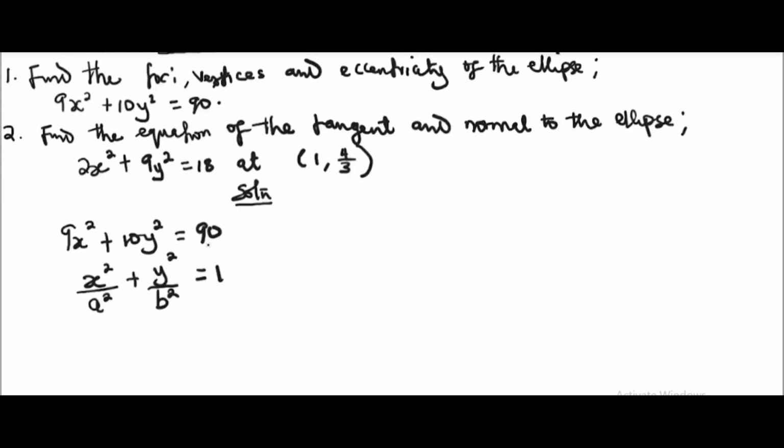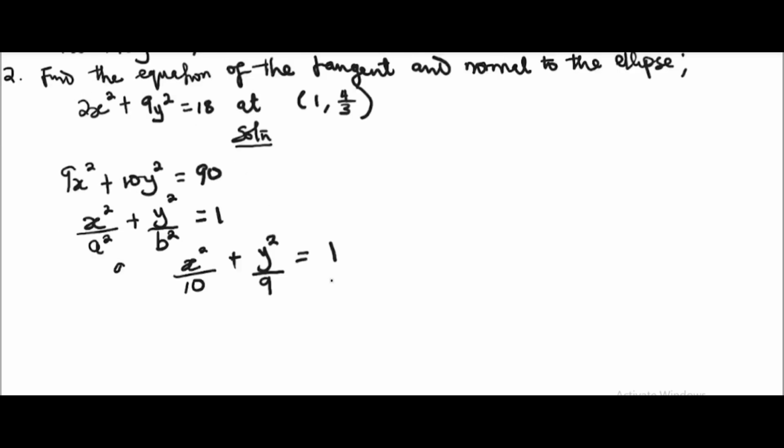The only way the constant can be 1 is by dividing through by 90. So if we divide through by 90, we're going to have x squared over 10, because 90 divided by 9 will give us 10, plus y squared over 9. 90 divided by 90 will give us 1. So they now look alike, right?